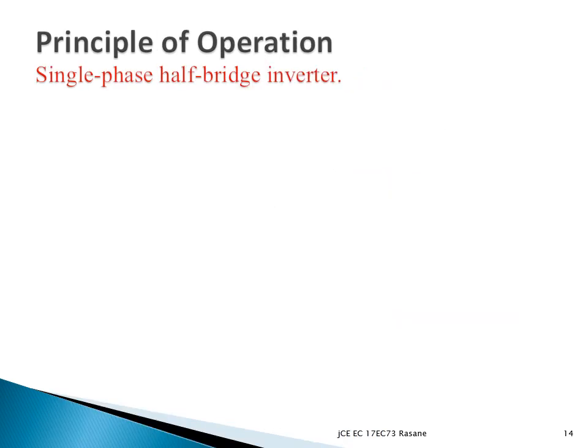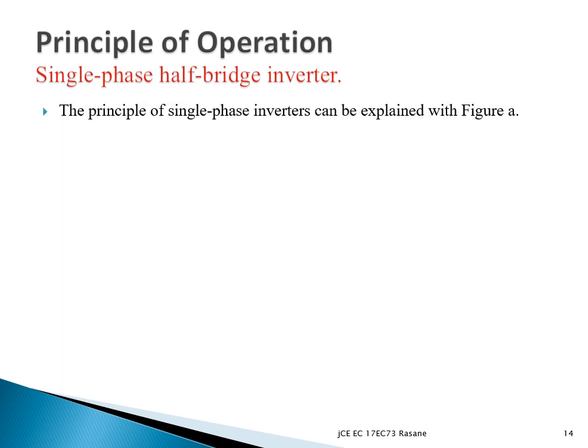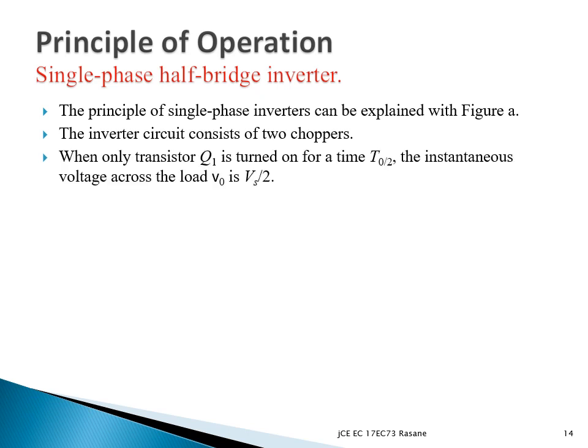Continue. So let us relook now at the principle of operation of the single phase half bridge inverter. So we have seen that in figure 1 how the circuit is. We have a 3-point power supply. Two capacitors are connected across the power supply and it consists basically of two choppers Q1 and Q2.